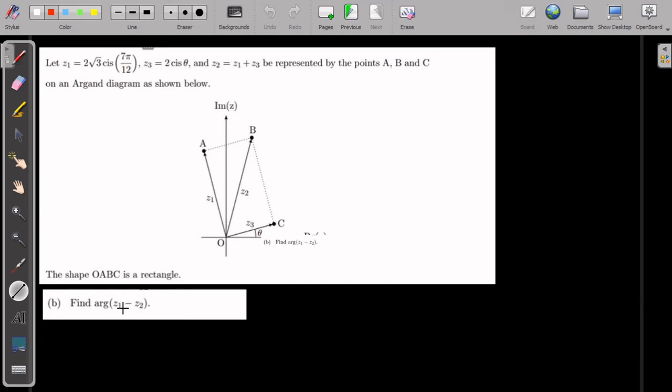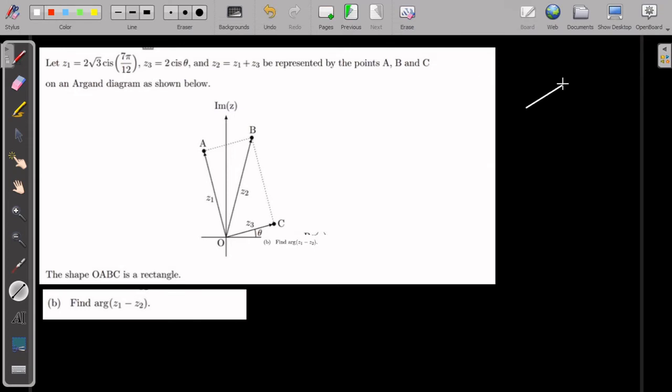Now what does it mean? First, if I want to find the complex number z1 minus z2, this is z1, this is z2, so as to find it, I should work with vectors.